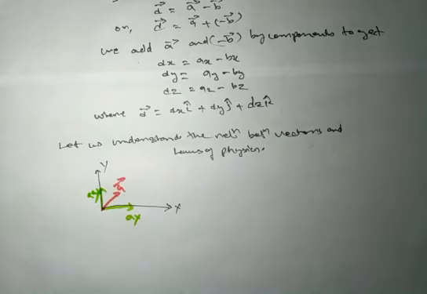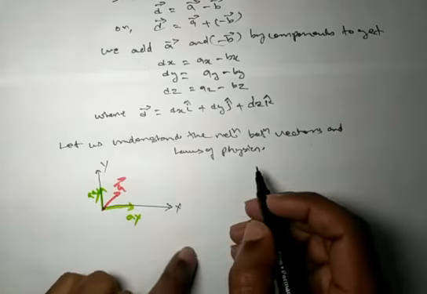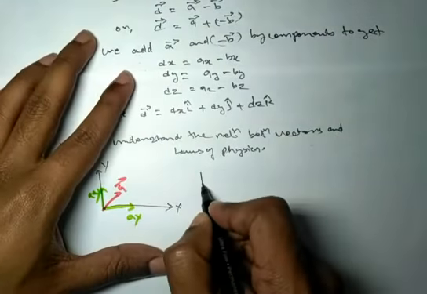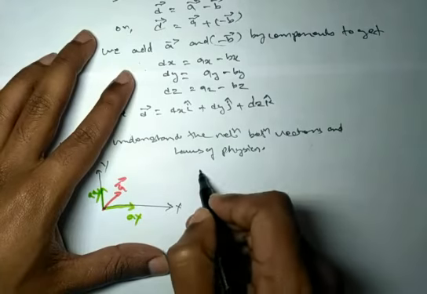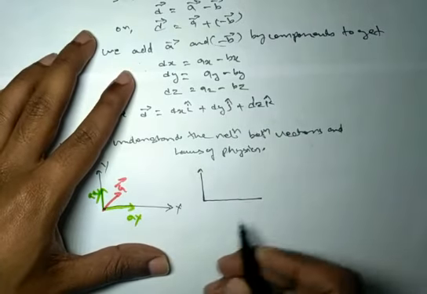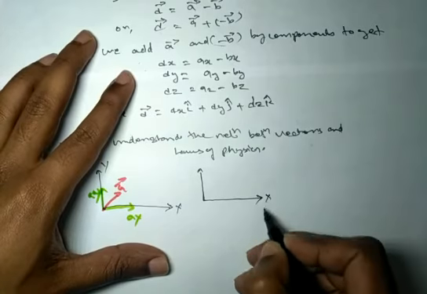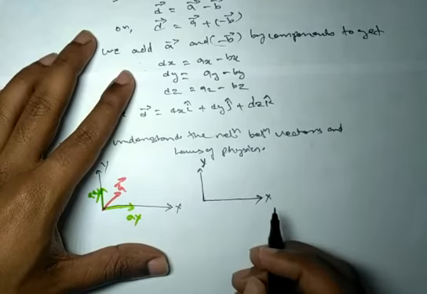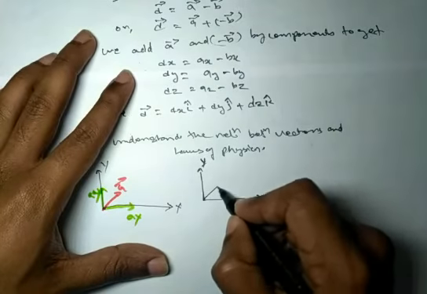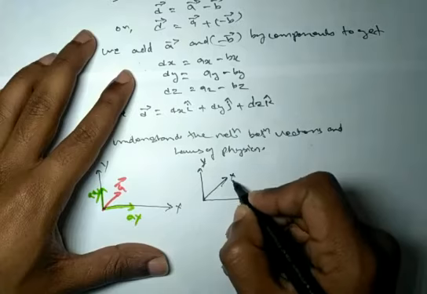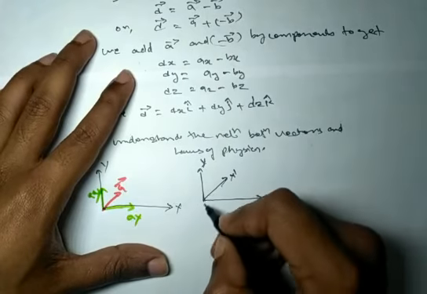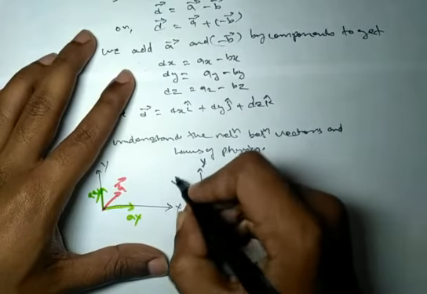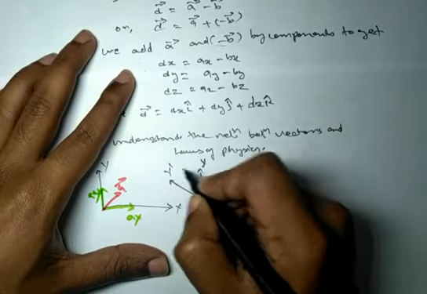So if we rotate the axis by an angle phi, what do we get after rotating the axis? This is x, this is y. We get this is x dash, and this is y dash.